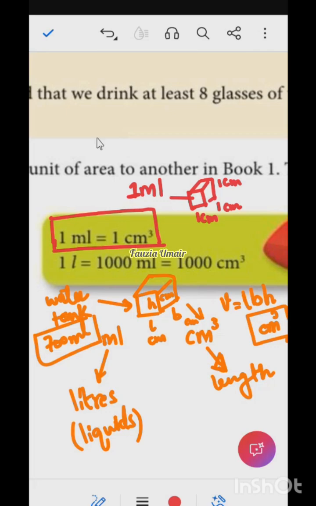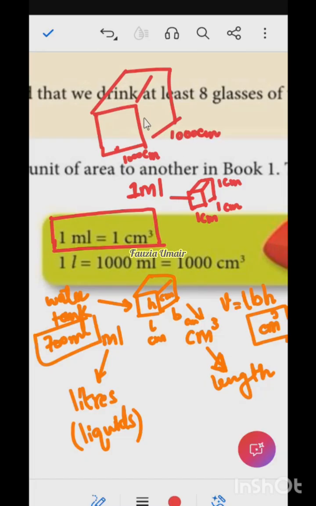So in real life, what do we do? We compare 1 liter. How much water can come in 1 liter? 1 liter can come in how big a container? If you have a cube with all the sides equal to 1000 centimeters, length also, breadth also and height also, then how much water can come inside this cube? 1 liter of water can come in this cube. Is it making sense?